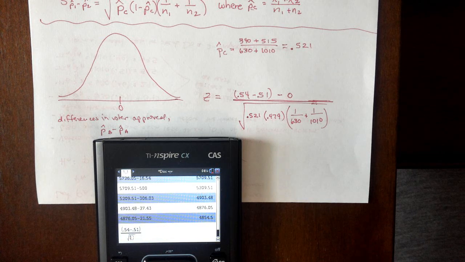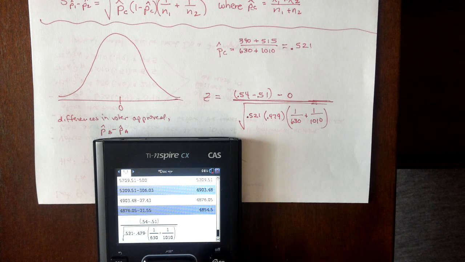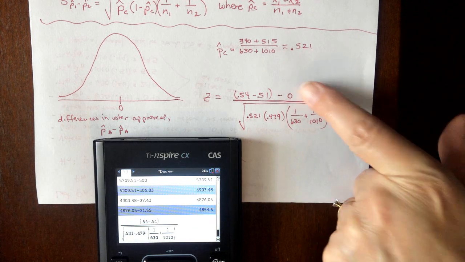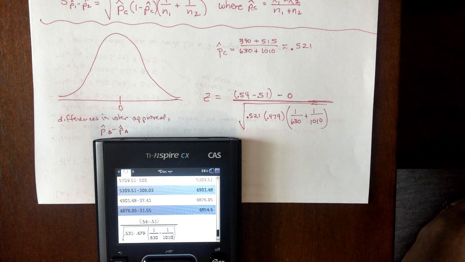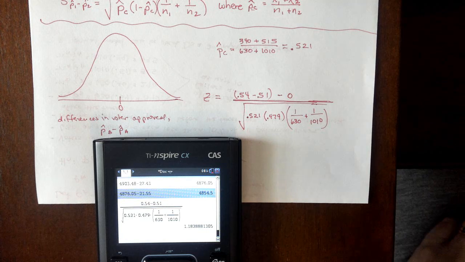Over square root of 0.521 times 0.479 times open parentheses, control divide, 1 over 630 plus control divide 1 over 1010. Okay, so this looks just like the one on paper with the exception of the minus 0, which we know doesn't matter, and that's about 1.18.